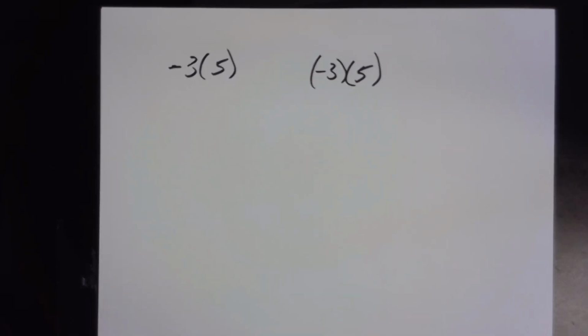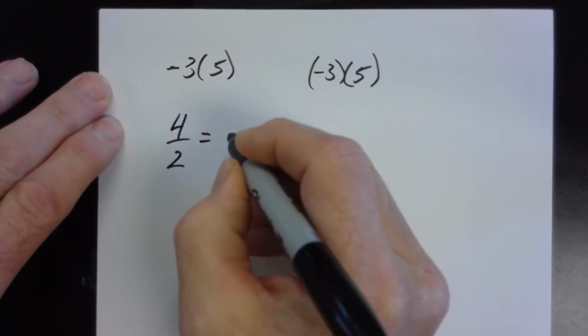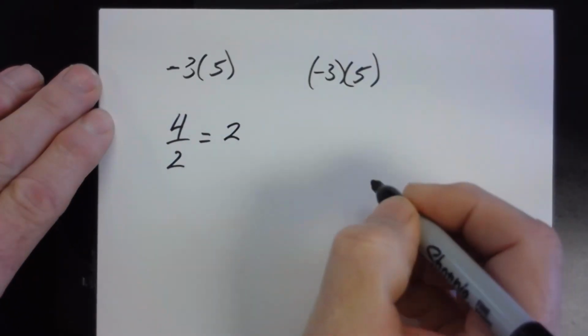Okay, now let's talk about division. Ready? It's the same deal. Only with division, you can only divide 2 things. You can't, like with multiplication, where you can multiply a whole bunch of numbers together, right? With division, you can only have 2. So of course, if they're both positive, the answer is positive.